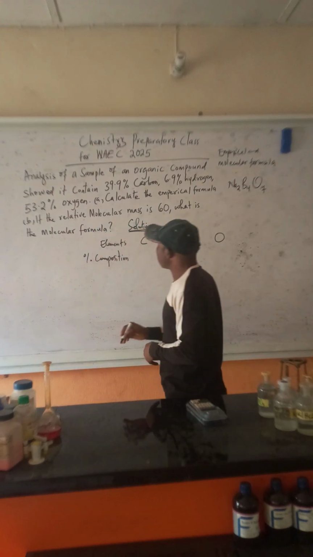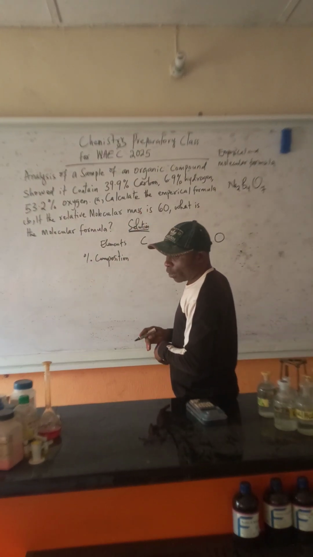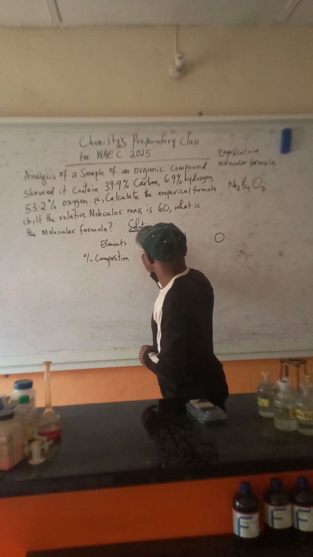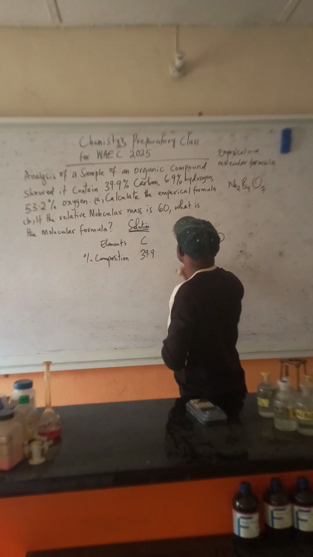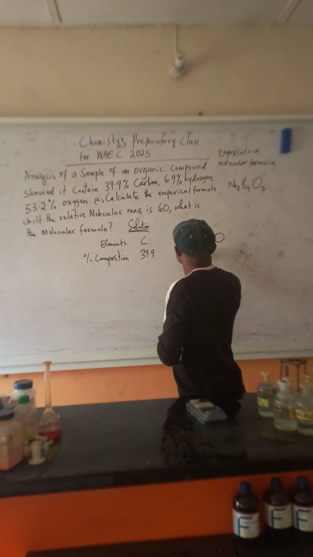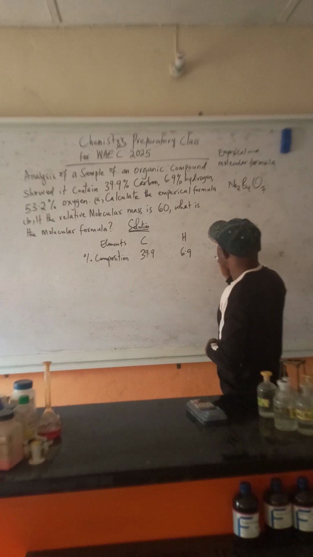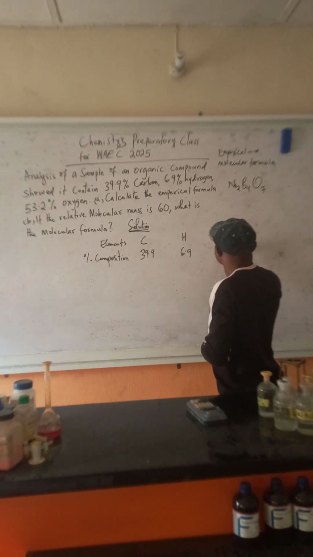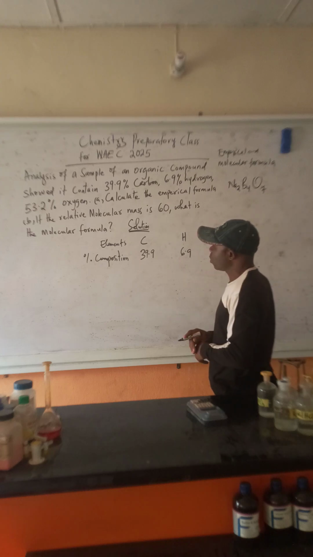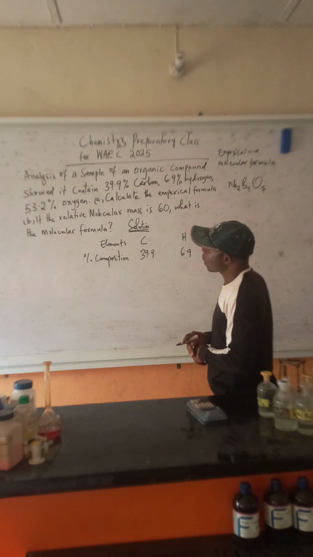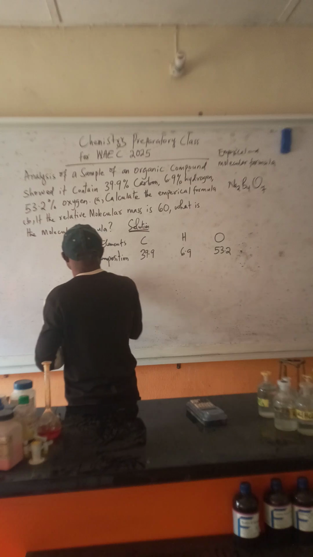Of course, the analysis tells us that carbon is 39.9, then hydrogen 6.9, then oxygen 53.2. Then their mole ratio.